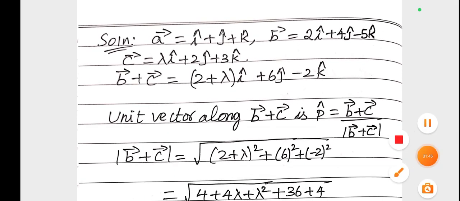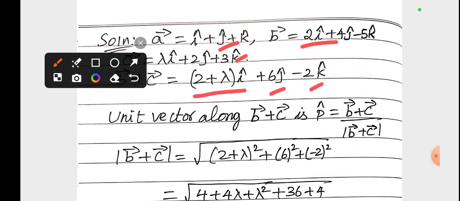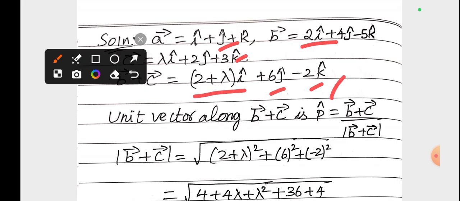So A vector is written, B written, C written. B plus C first, we are finding: 2 plus lambda i plus 6j minus 2k. And we already discussed the unit vector along B plus C. So we write it as P cap, which is B vector plus C vector by the magnitude of B vector plus C vector.